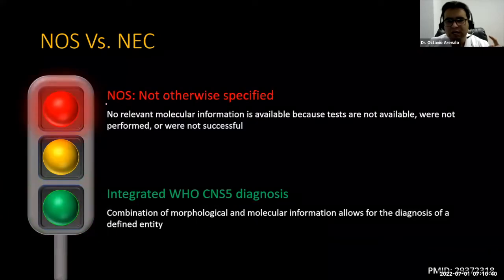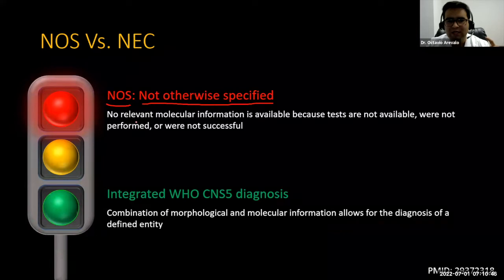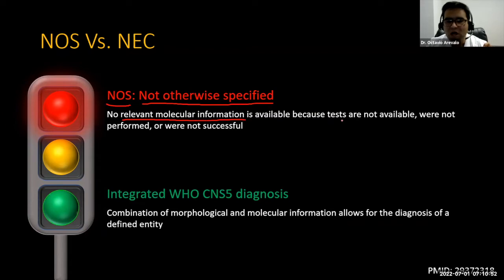You have to use the NOS, or not otherwise specified, when you don't have relevant molecular information because the tests were not available, were not performed, or were not successful.